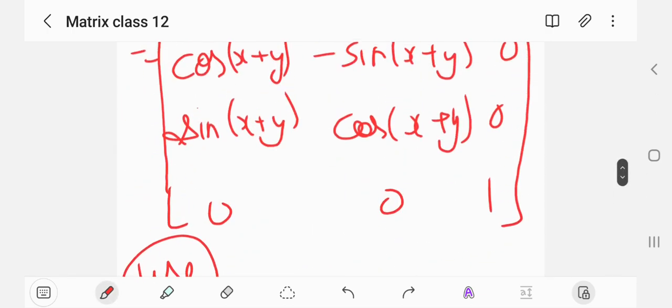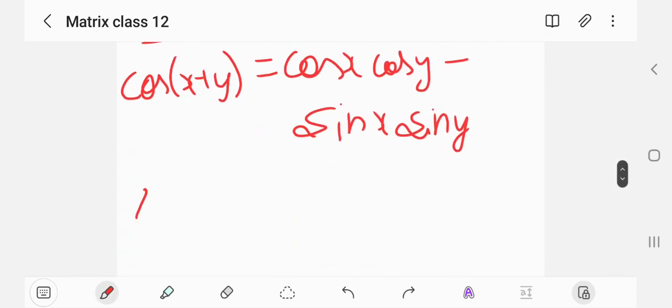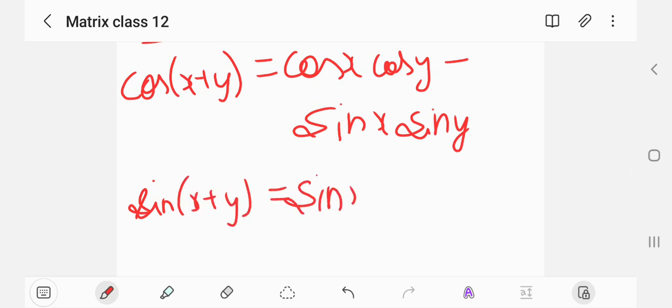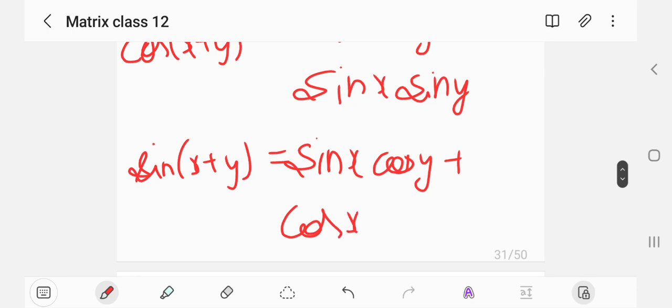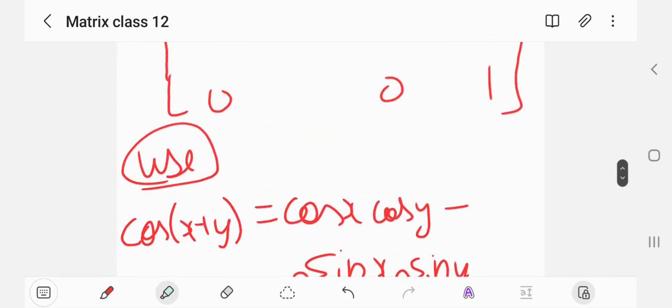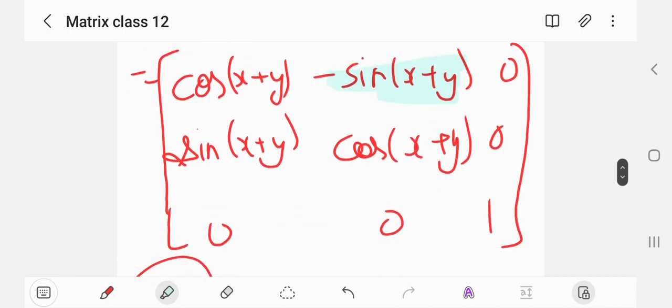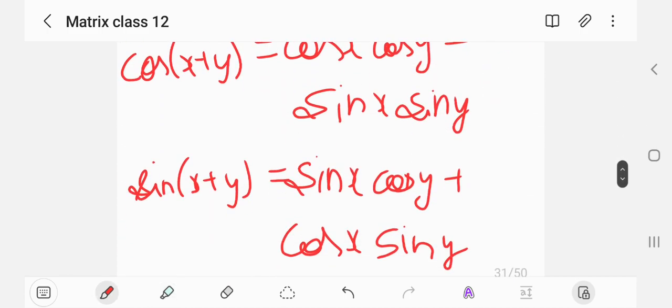Now if I use the formula sin(x plus y), what is the formula? Sin x cos y plus cos x sin y. Now when we use this formula, we can say that this entry, see here is a negative sign also, so basically both of them will become negative instead of plus.